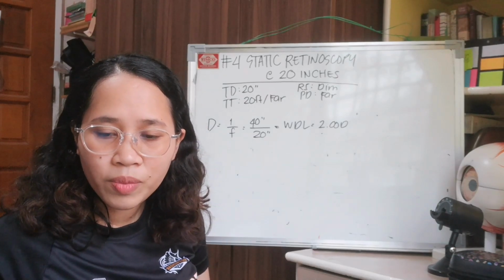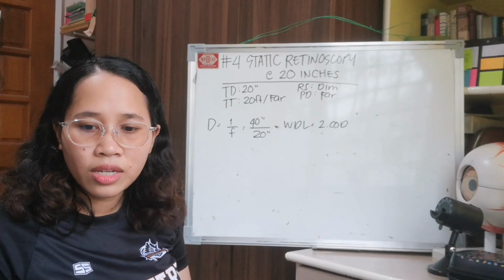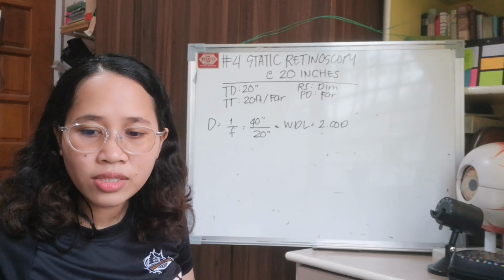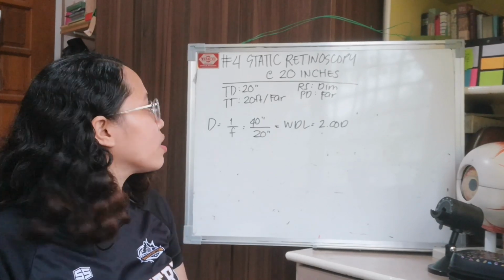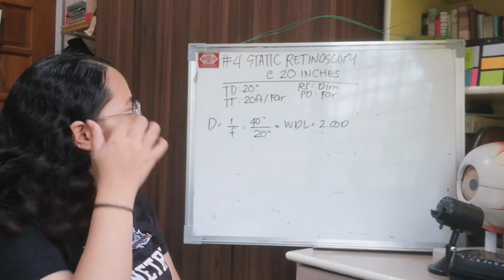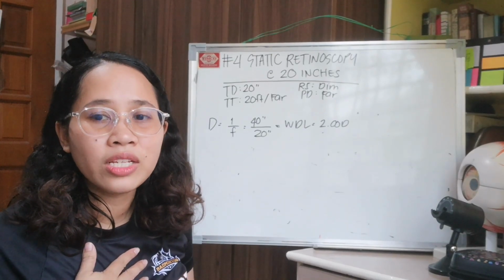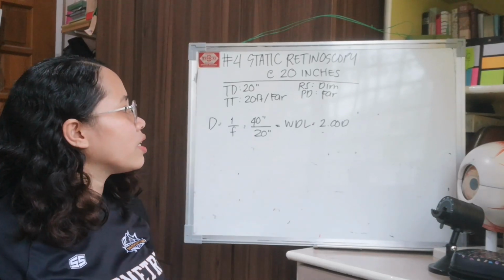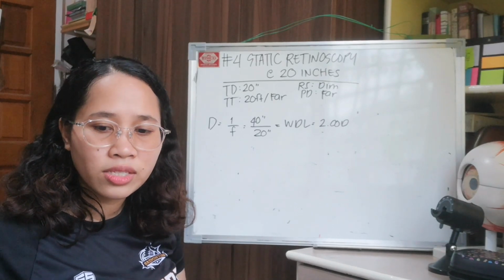So the setup for static retinoscopy is dim, test target big E or any distant object, test distance 20 feet or 6 meters away. So the patient is looking at 20 feet, but you as an examiner are 20 inches away from the patient. The control lens could be plano or it could be the working distance lens.